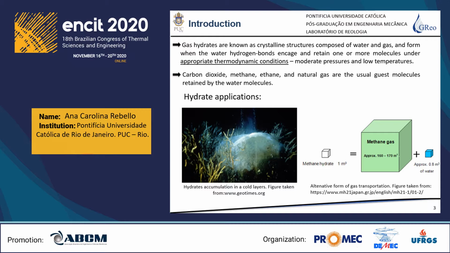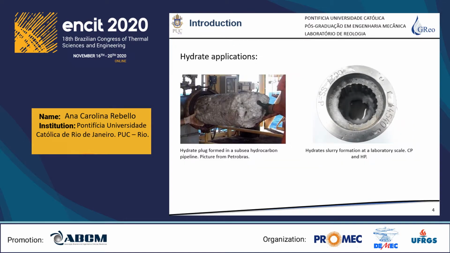In the figure on the left, we can see an example of hydrate accumulation in a cold layer. Hydrates have found important application in refrigeration, for gas storage, as an energy source, as an alternative form of gas transportation, as we can see in the figure on the right, and as a principal concern in flow assurance in the production and transportation of hydrocarbon fluid in offshore subsea operations.